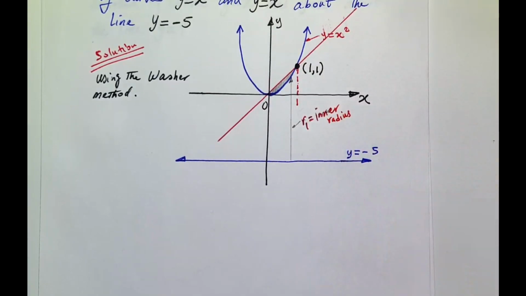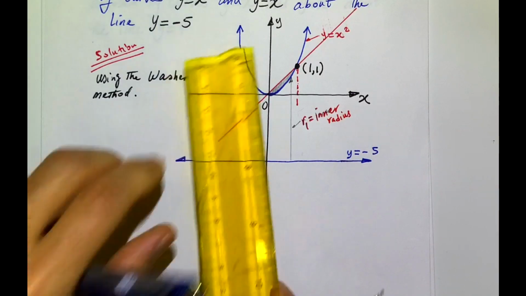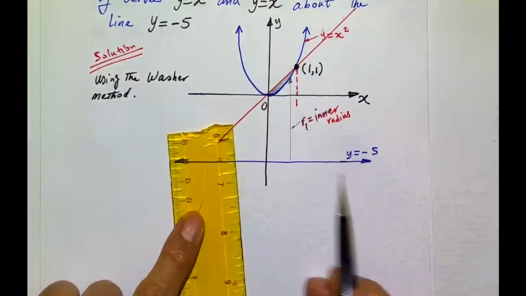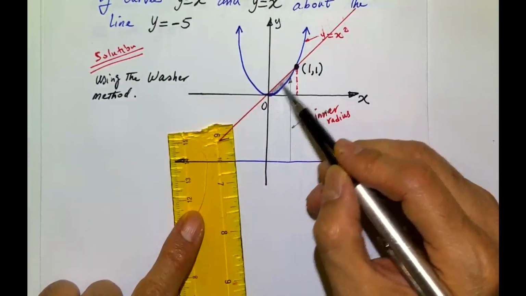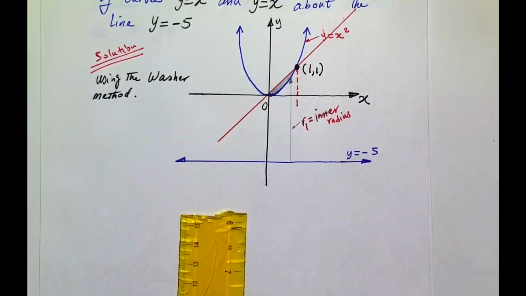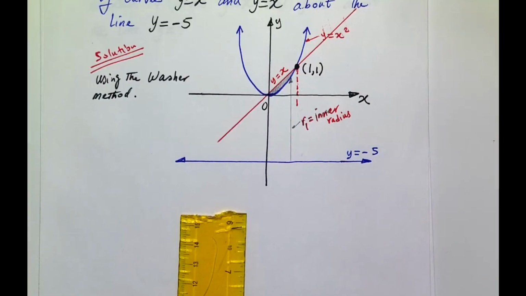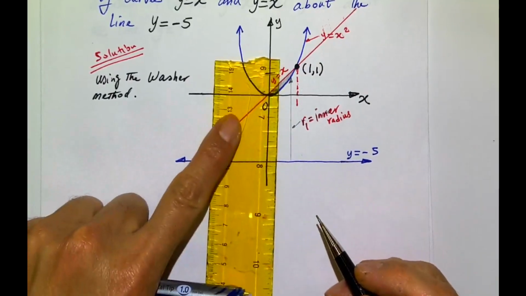And then let me, with my pencil, if I can find it here, draw the outer radius. So the outer radius, as we rotate about this line, is going to be the y equals x line again. So it's going to be this one. So that would be the outer radius.